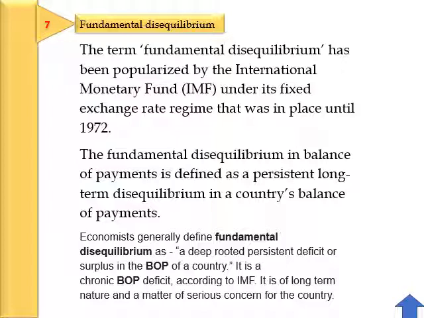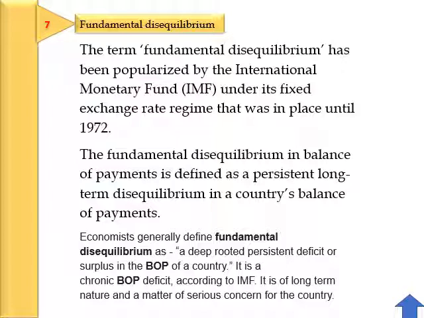Economists generally define fundamental disequilibrium as a deep-rooted, persistent deficit or surplus in the balance of payment of a country. It is a chronic balance of payment deficit according to the IMF. It is of a long-term nature and a matter of serious concern for the country. So most of the developing countries do face fundamental disequilibrium in the balance of payment caused by deep-rooted factors.